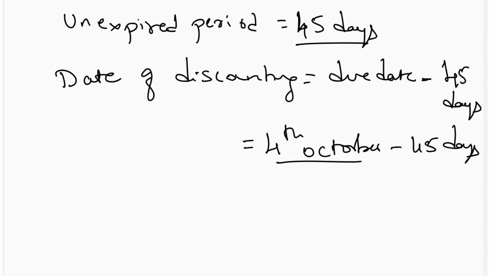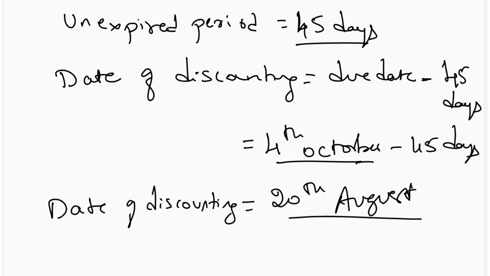In that, 45 days early it was discounted, so for the date of discounting, from 4th October, if we subtract 45 days, in reverse order we need to find out. So you will get 20th August. How did we get this value?